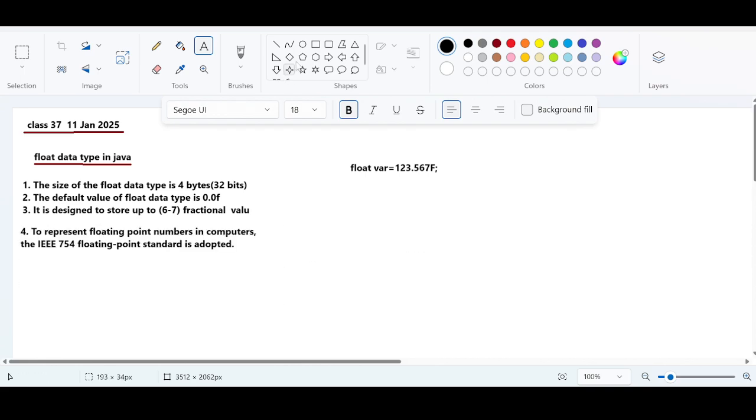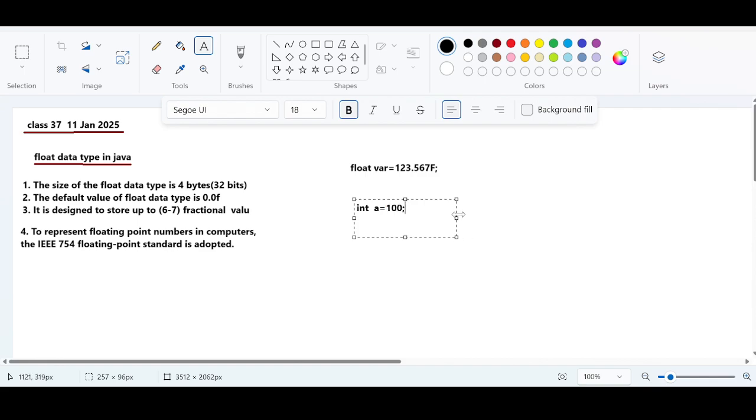We know already that if you want to store any decimal number, for example 100, in Java, you would take a variable name and a data type. The data type can be integer, byte, short, or long, because all these four data types are good enough to store a value like 100.